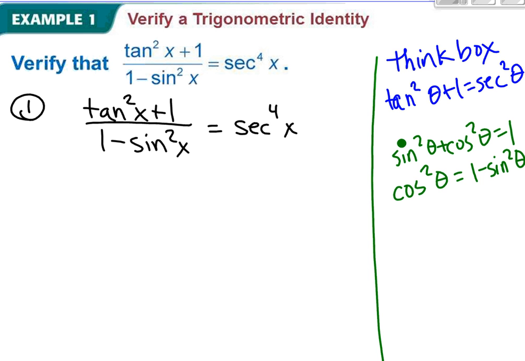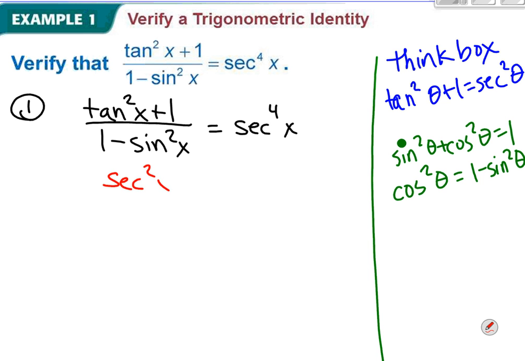So Austin, tell me what I'm going to do. And are you in agreement that I'm going to work on the left side, correct? And then what are you going to change that left side into? So tangent squared x plus 1 is going to be replaced with what?